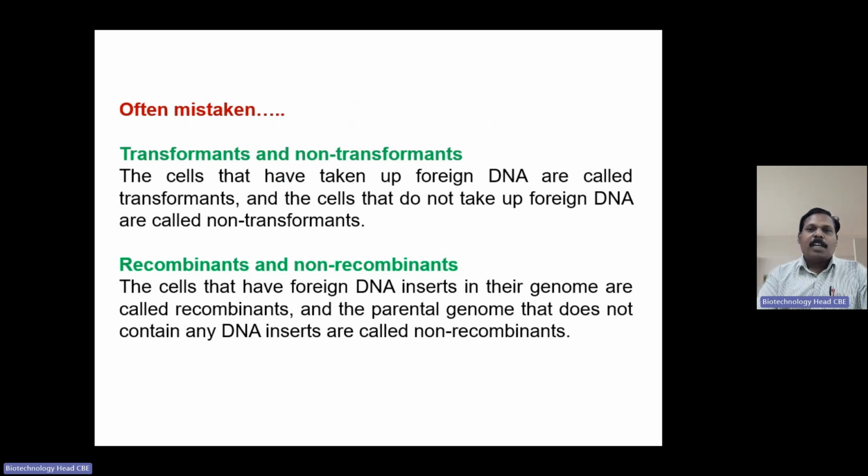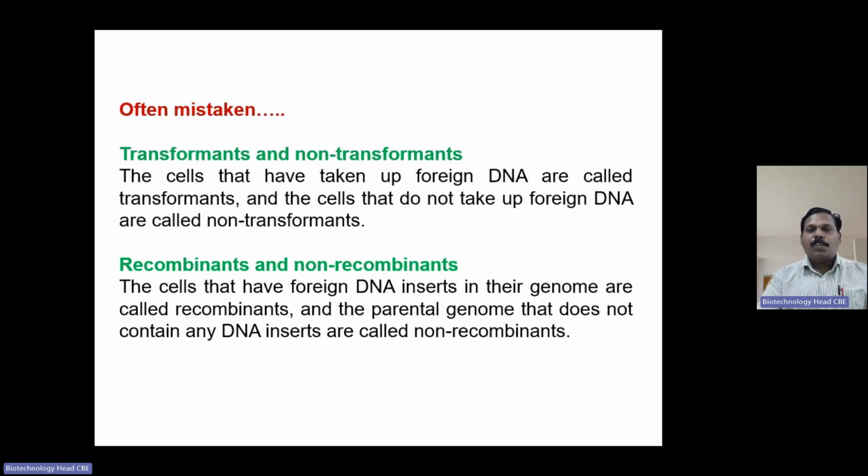Whereas when we compare recombinant with non-recombinant, this is with respect to the plasmids. The cells that have foreign DNA inserted into their genome are called recombinants, meaning the recombination event has taken place, meaning that the insert DNA is cloned into a vector, that's a recombinant, and has been mobilized into a cell during the transformation process. So the presence of foreign DNA integrated into a genome will confirm them as recombinant present in the host cells.